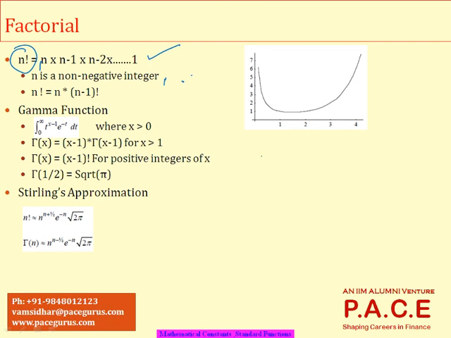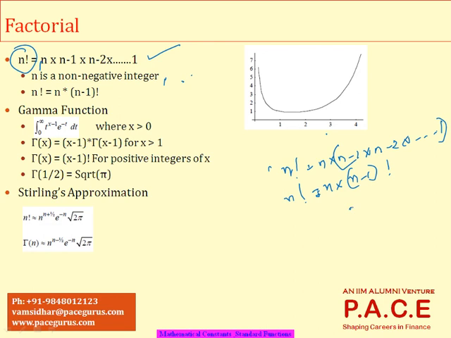You could write it iteratively: n factorial is n into n minus 1 into n minus 2 and so on up to 1. The part after n is n minus 1 factorial. So n into n minus 1 factorial is the same as n factorial. That's one more way you can write it in an iterative fashion.